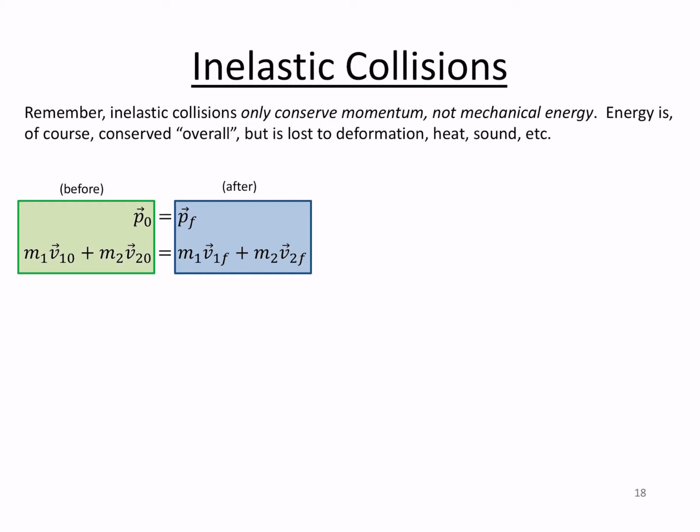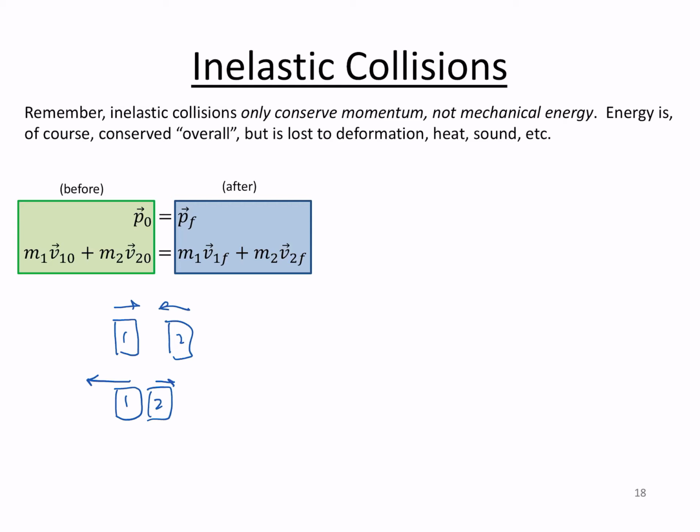A lot of inelastic collisions look a little bit like elastic collisions, right? You might have your two objects coming towards one another, and then at some later time they've collided and they're bouncing off of one another, and they change their velocities, etc. This could be, at least in cartoon form, an elastic collision or an inelastic collision.